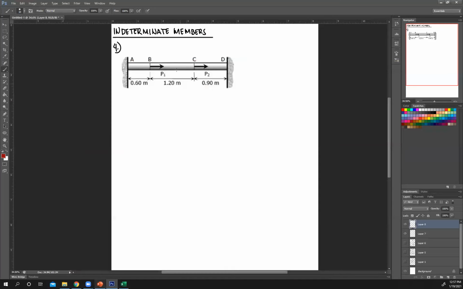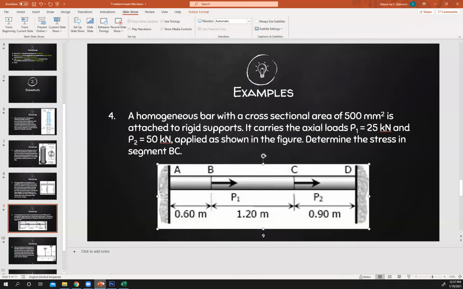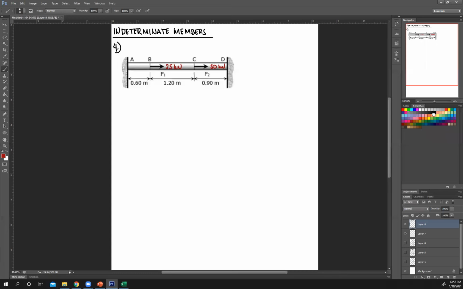So P1 is 25, P2 is 50. What else? Area is 500. Yun lang. So we're looking for stress in segment BC.